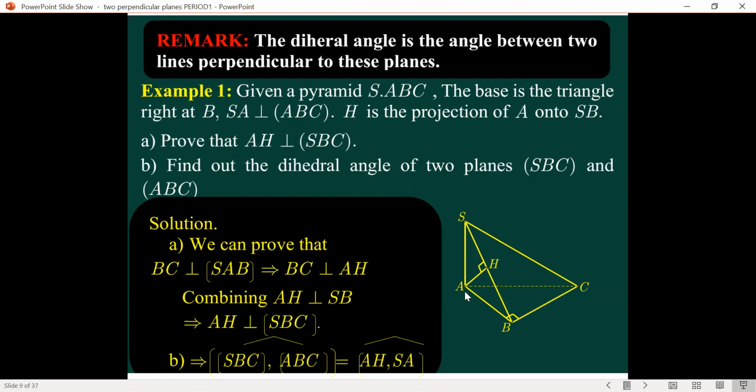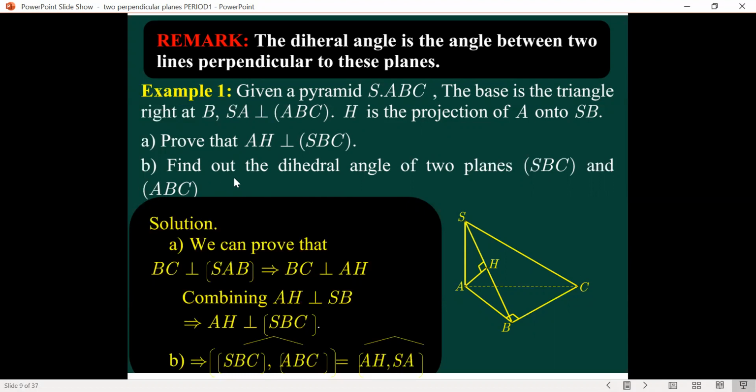We can see AH is perpendicular to SB, and it's very easy to see that AH is perpendicular to BC because BC is perpendicular to AB. Look at the solution. We have BC perpendicular to AB, so BC is perpendicular to AH. Combining AH perpendicular to SB, we have AH perpendicular to SBC.